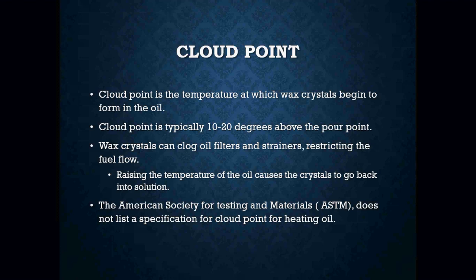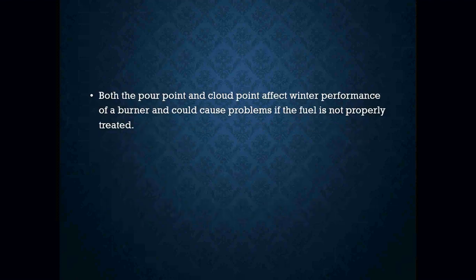The American Society for Testing and Materials, better known as ASTM, does not list a specification for cloud point for heating oil, so that's going to change based on what type of oil you're dealing with and the temperature it's at. Both the pour point and cloud point are going to affect winter performance of a burner and could cause problems if the fuel is not properly treated.